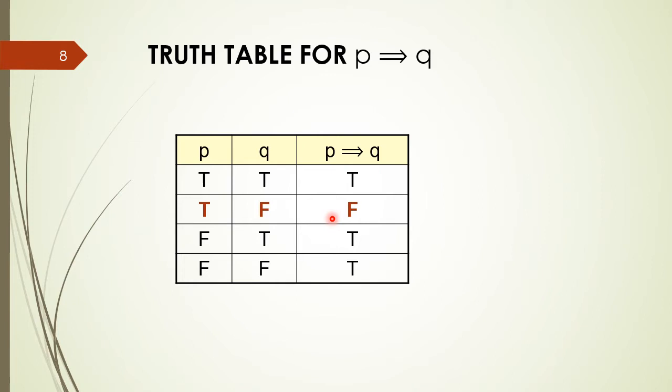Therefore, the only way to break the promise is that its if part truth value is true and its then part truth value is false. Then the conditional statement is false, or you can say that the constraint or condition given in the conditional statement has been violated, and therefore we consider its truth value as false.